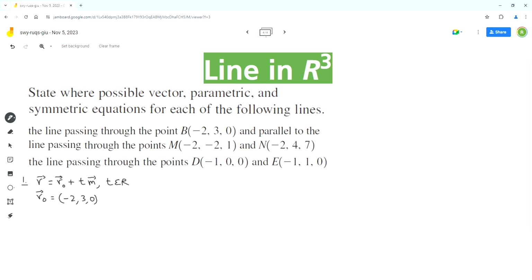We are also given that the line is parallel to the line that passes through points M and N. Parallel lines have the same direction vectors, so we can find the direction vector of the line passing through points M and N, and that will be the direction vector of our line. To find the direction vector, we should subtract the position vectors for the given points.